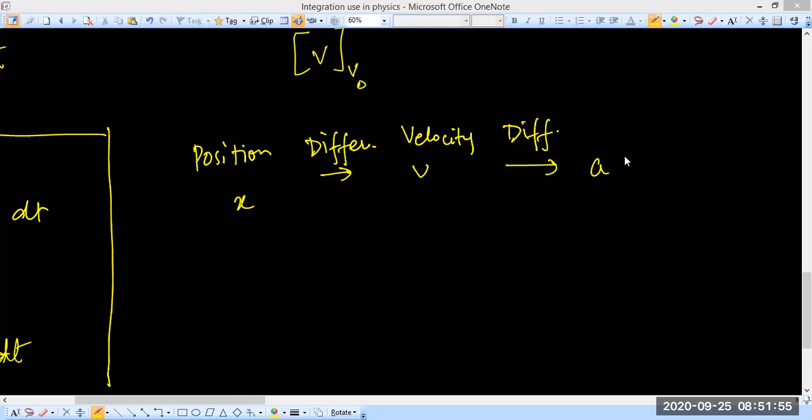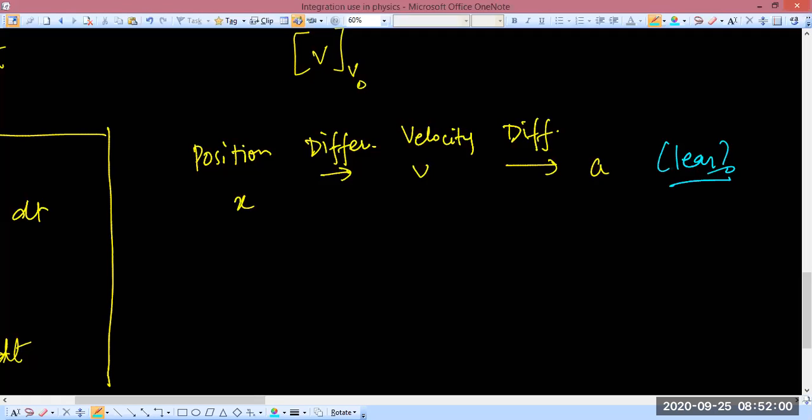What I've written here, is it clear or not? I want to know your opinion. V is equal to dx by dt means differentiation of x is giving v, and a is equal to dv by dt means differentiation of v is giving a. I don't think there can be any doubt about that.